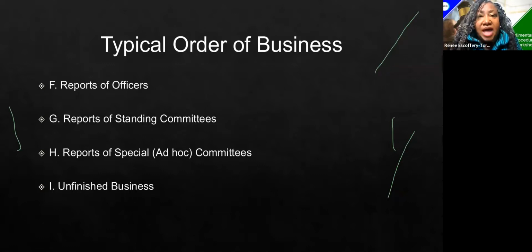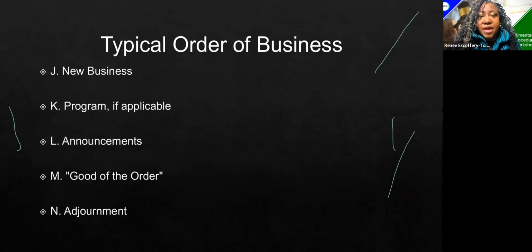I might have a general idea, but it was those 2 persons that could kind of keep me straight in terms of what the order should be. The parliamentarian would help me do that, and also let me know what may have been tabled at that previous meeting or something that needs to be brought back up. So that is the unfinished business.